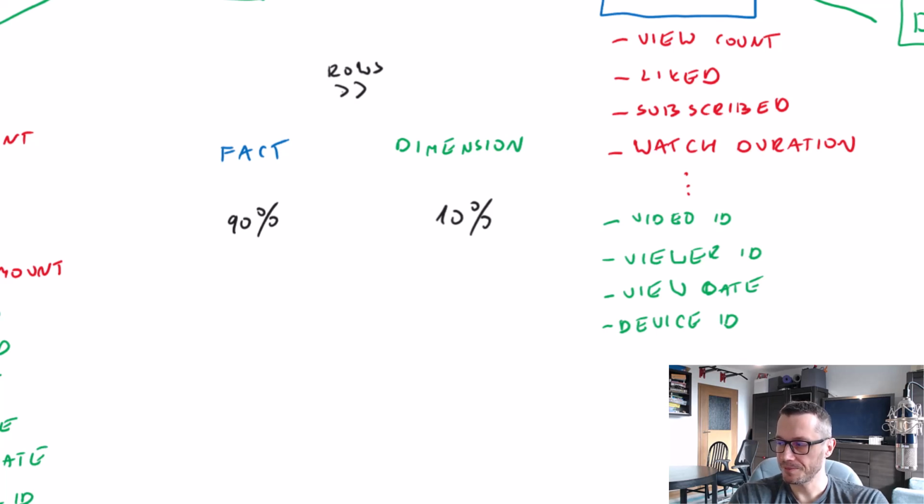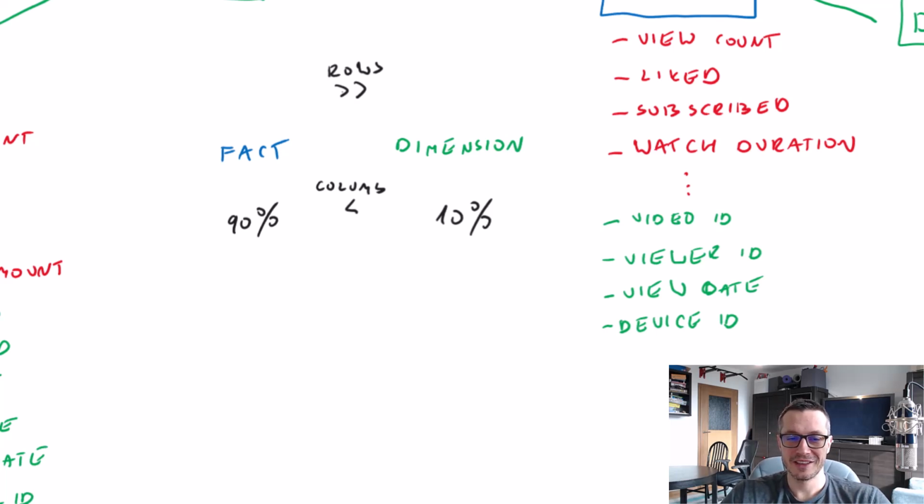On the other hand, when it comes to number of columns, it's the opposite. Usually, dimension has more columns than a fact, because dimension describes something, like describes your product, and it's not uncommon to have 100 different fields that describe your product.